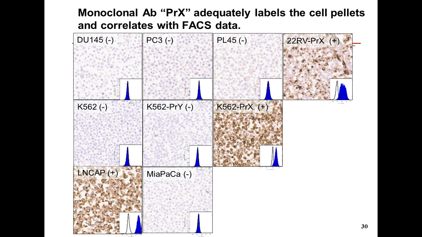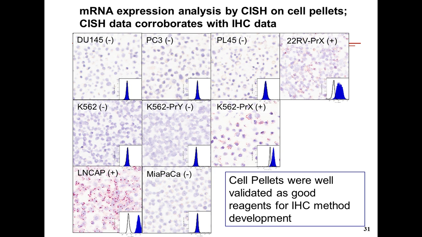This is a pretty clear go or no-go decision, but since then we've always incorporated in situ hybridization. So we went ahead and did the mRNA expression analysis by CISH on these cell pellets. And what was comforting and pleasing to see was that the CISH data corroborated with the IHC data that was produced, which also corroborated with the FACS data.